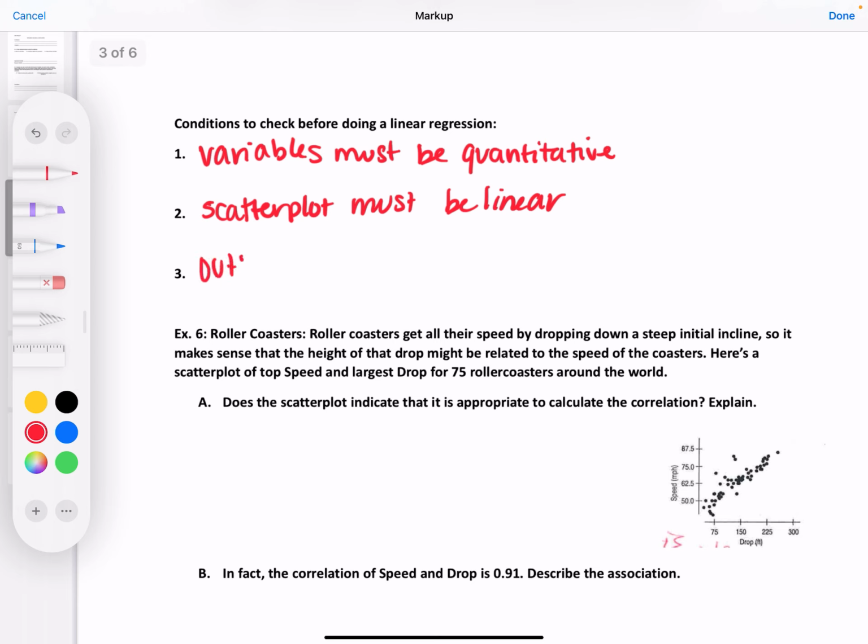If there are outliers, then we need to give the correlation with and without the outliers, so we know how much it really affects it.